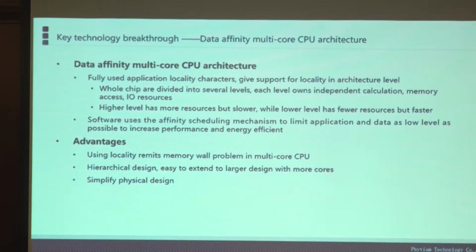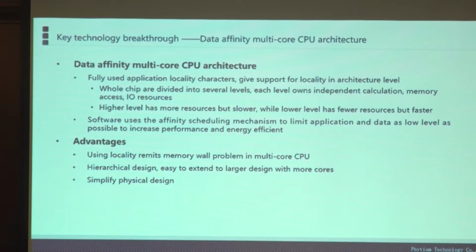Like the snapshot I showed before, the whole chip is divided into several levels, and each level has its independent calculation, memory access, and I/O resources. Higher levels have more resources but are slower, and lower levels have fewer resources but are faster.